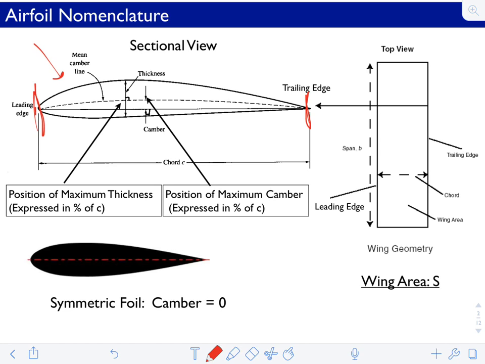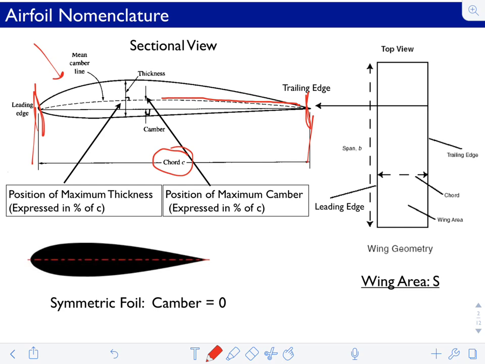The chord is the distance between them, and that is often noted little c, chord with an h in it. The wing has a chord line, which we see right here.